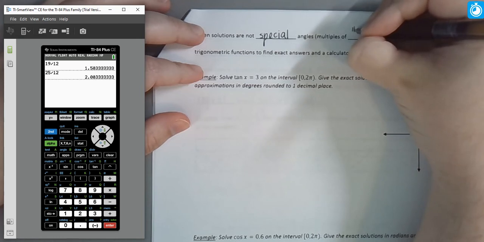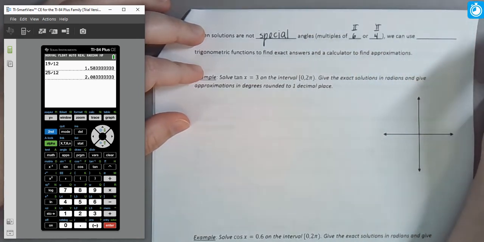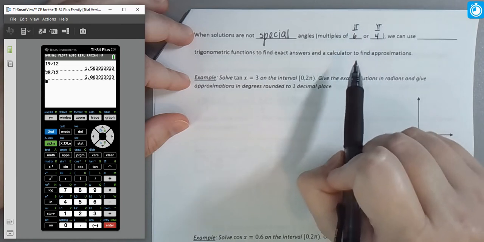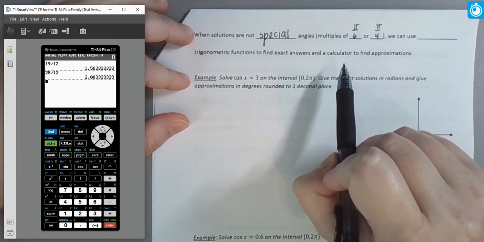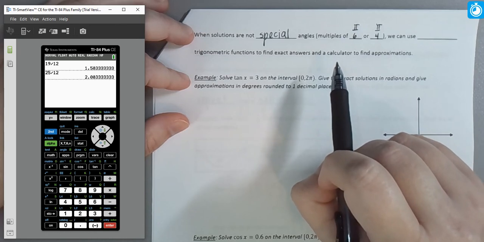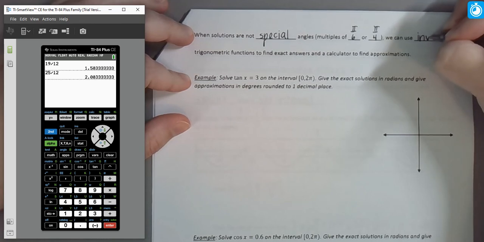In other words, multiples of pi over 6 or pi over 4. What happens when our equation involves numbers that don't match up with one of these radian measures or something that's generated from them? If that's the case and we want to solve our trig equation, that's when we're going to use our inverse trig functions.